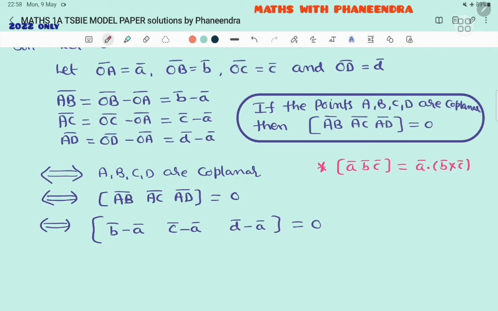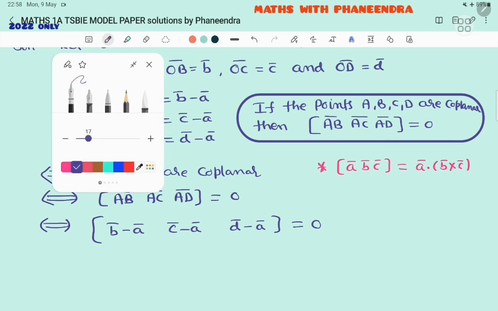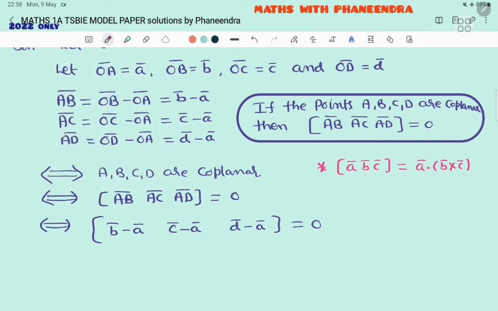We can write it this way. So this is also B bar minus A bar dot cross product of C bar minus A bar cross D bar minus A bar is equal to 0.